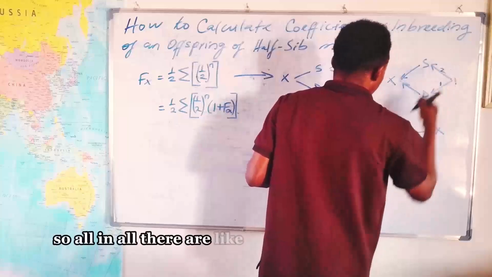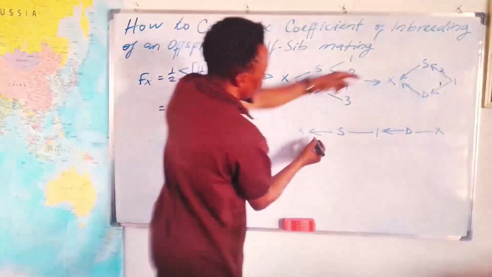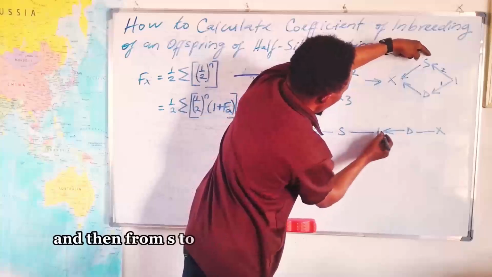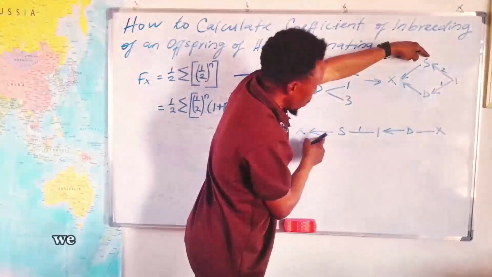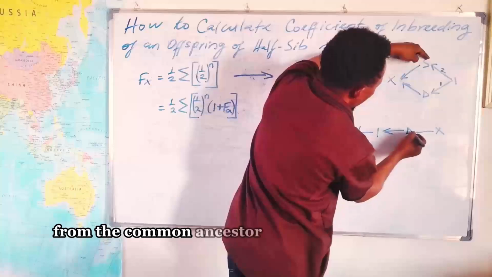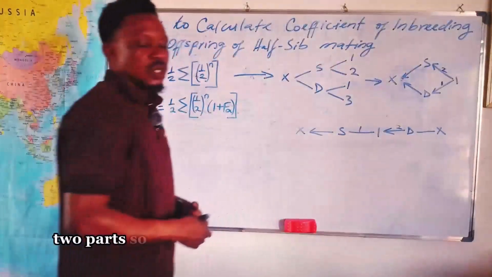So from X, you move to S, and then from S to 1, that's one part. Remember, always from parent to common ancestor. We don't count this one. And then from the common ancestor, you go to the other parent again. So we just have two parts.